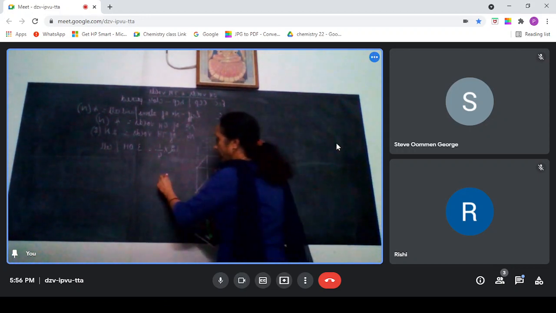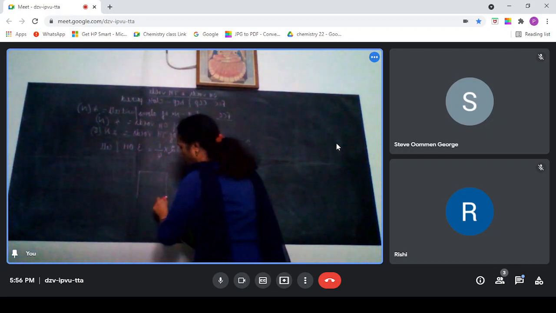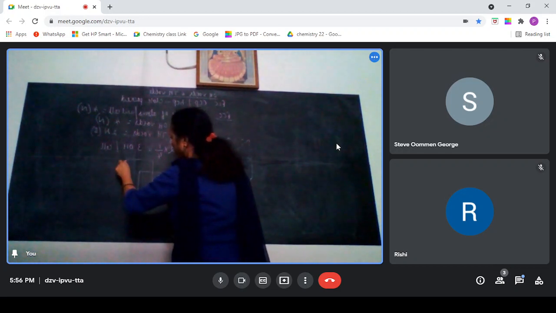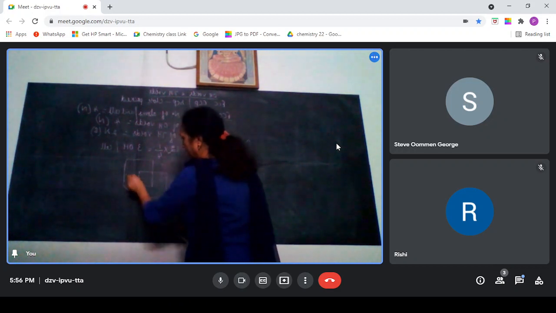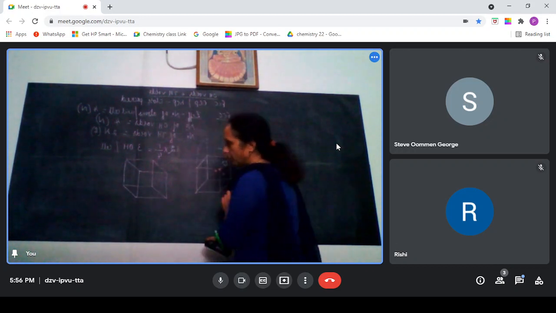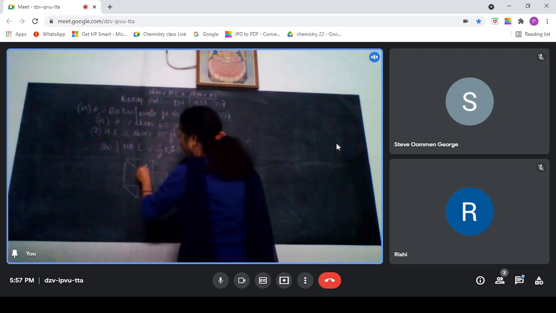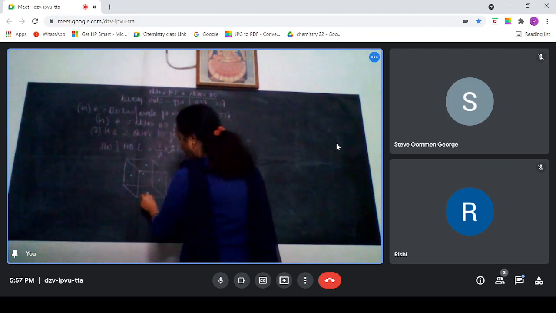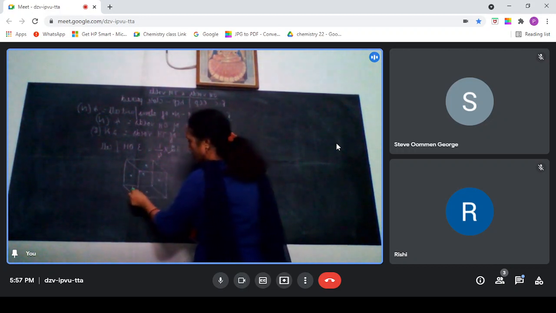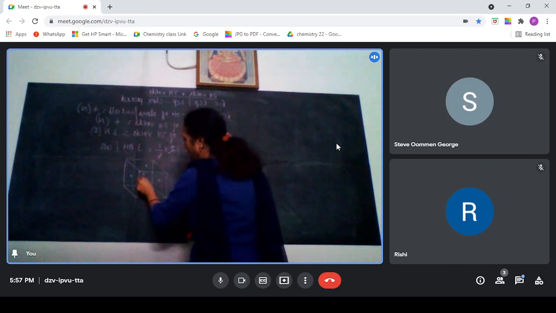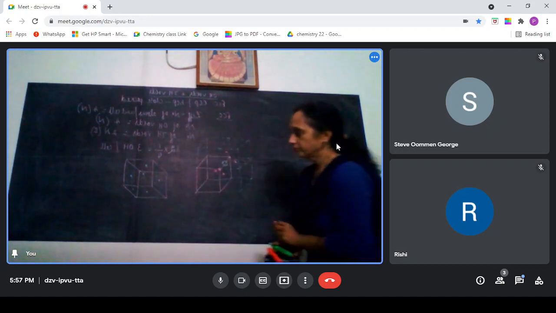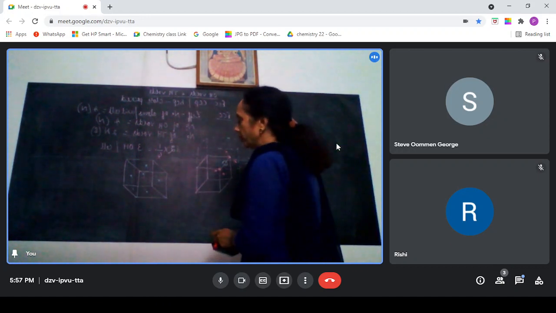And now if you write one more cube like this, you have face center particles like this. If you join these, you will have an octahedral void right at the center of the body.